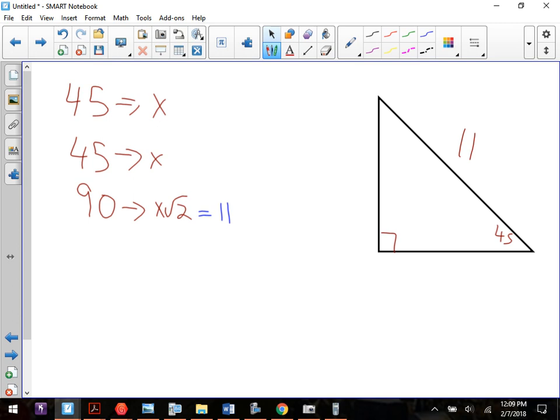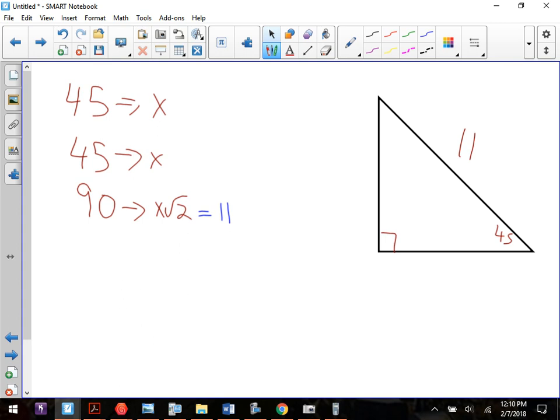Now I know that looks a little bit different, because normally we would write like 3x equals 11 or 2x equals 11. But whenever we have what are called radicals, the x goes in front of the radical, because sometimes if you put it behind it, it looks like it's underneath it. So mathematically, it's more proper to put it prior to it. That's why it looks like that.